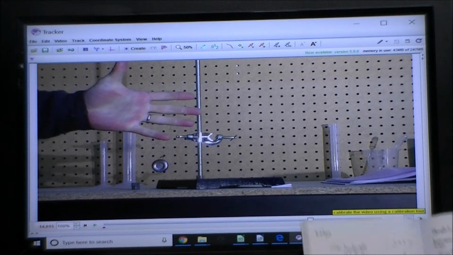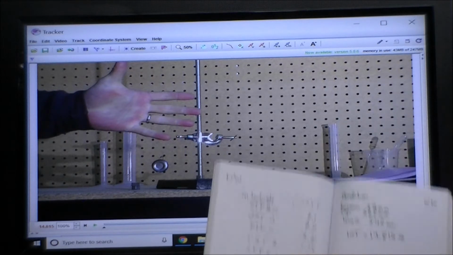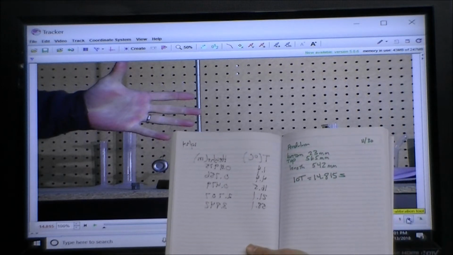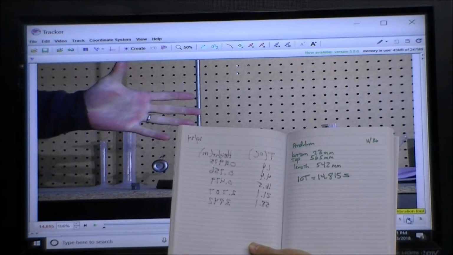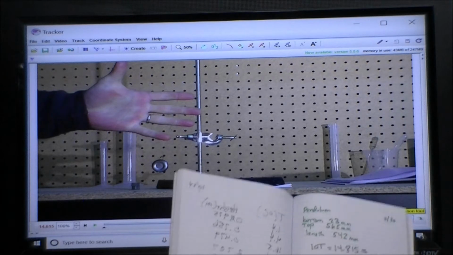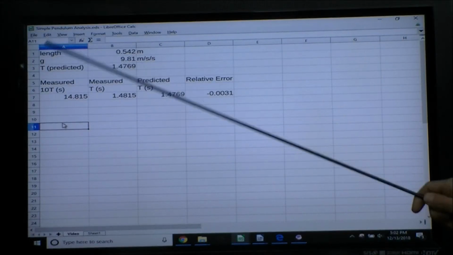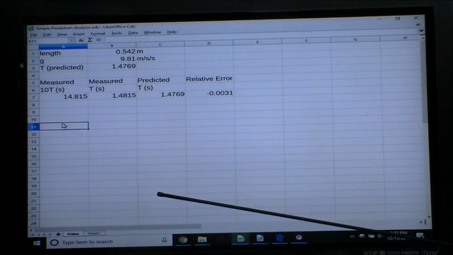So that time is 10T. We read it off the video in the Tracker program right there, 14.815, and then we write it down in our laboratory notebook, 14.815.